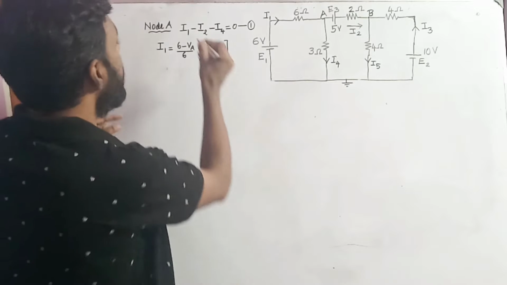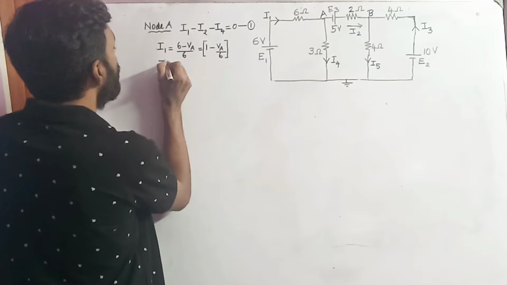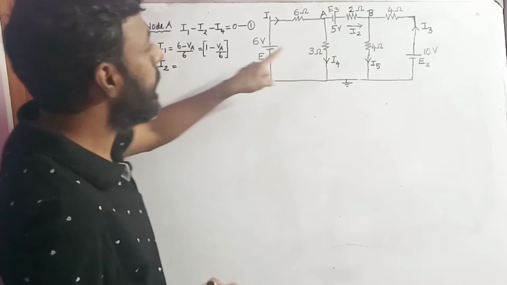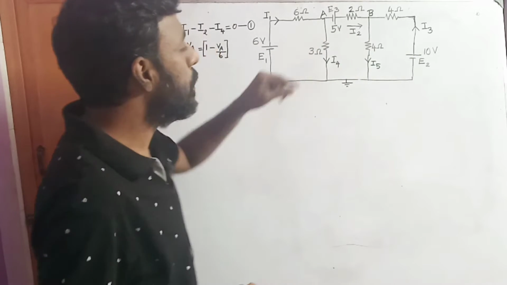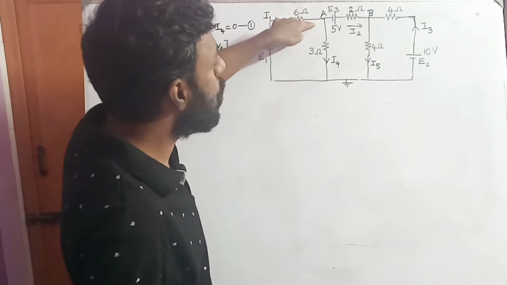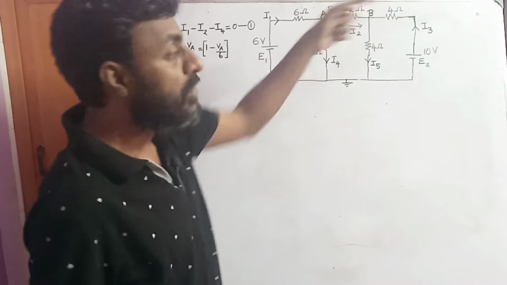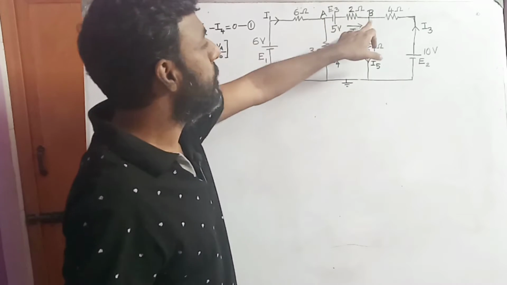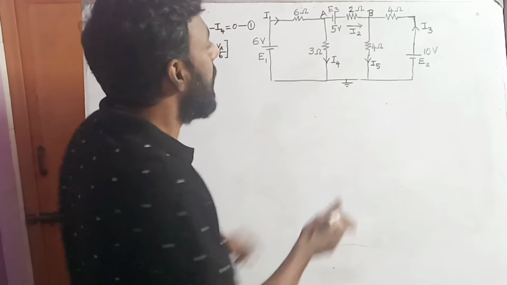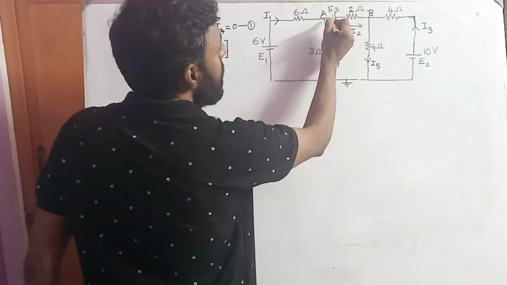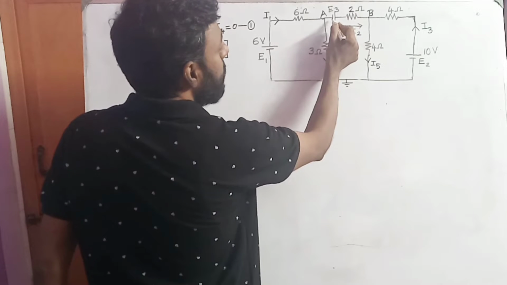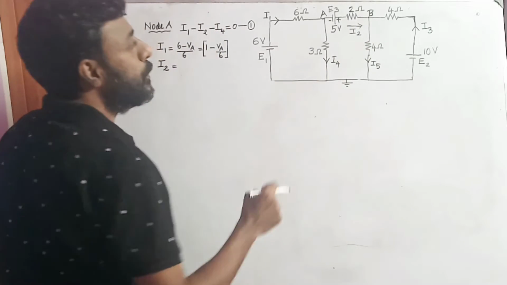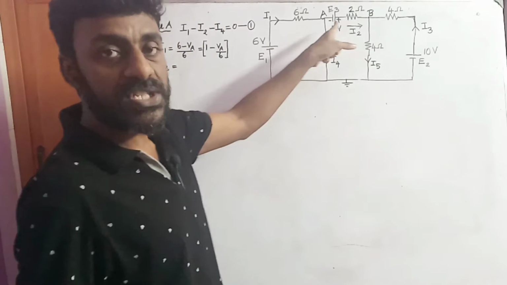Next we need to find the value of I2. This current I2 flows from node A to node B. So the difference in the potential will be VA minus VB, and since the current is passing through the battery source from negative to positive, we need to take the value as a positive value.